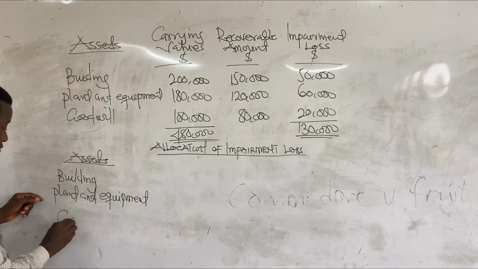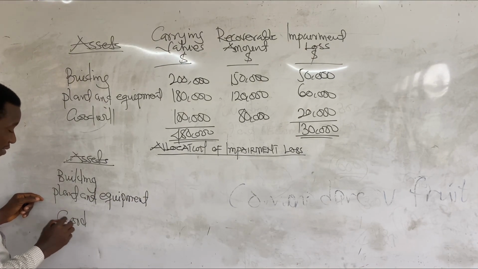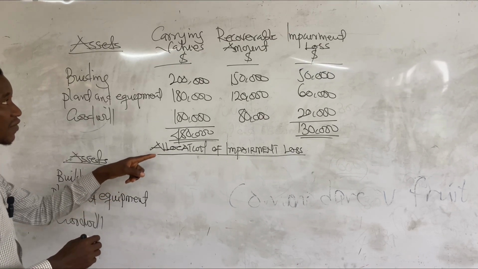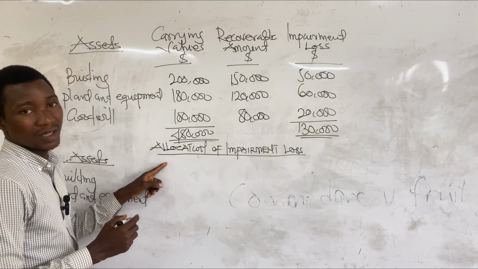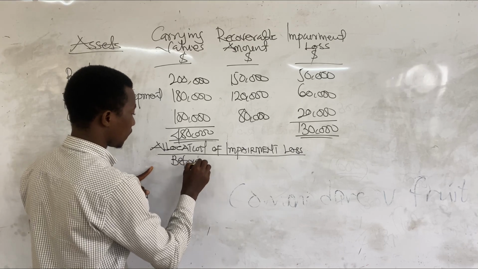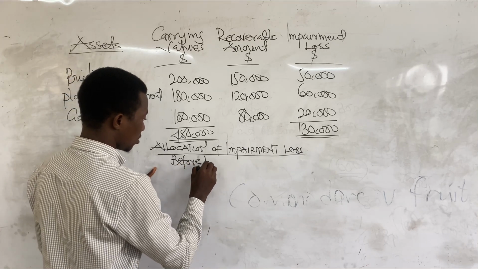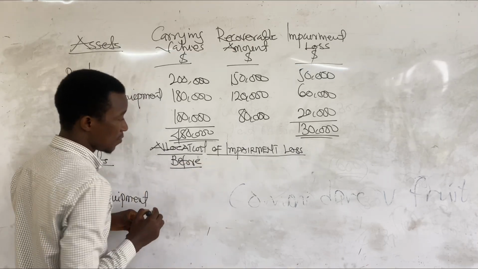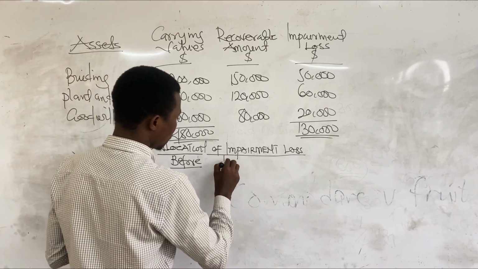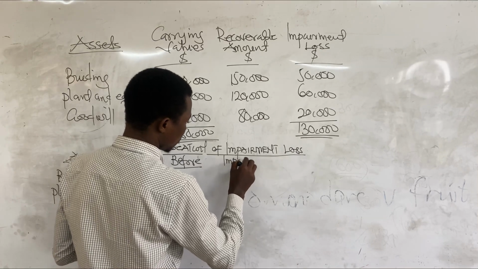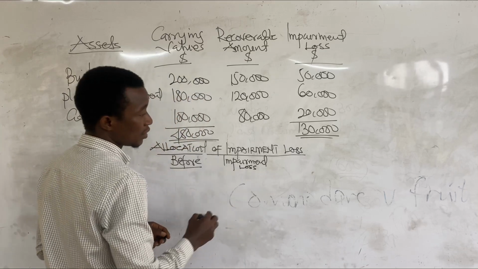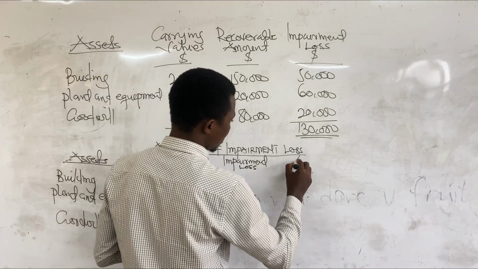Then we have goodwill as the intangible non-current asset. So we have the carrying value of the asset before impairment. Is that okay? Then we have the impairment loss itself. Then we have after impairment.